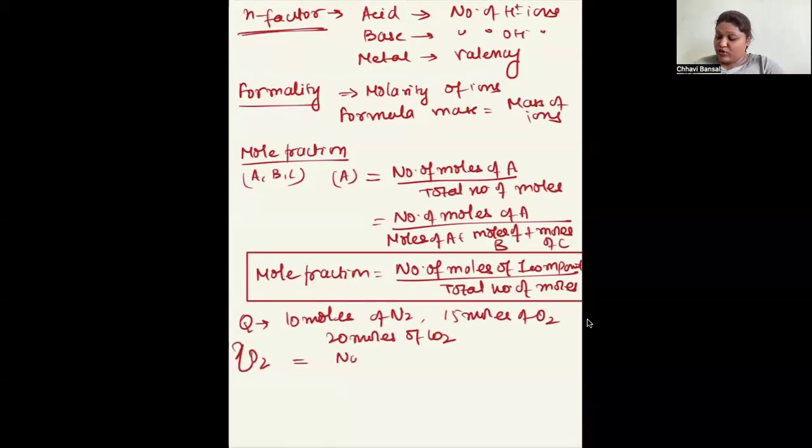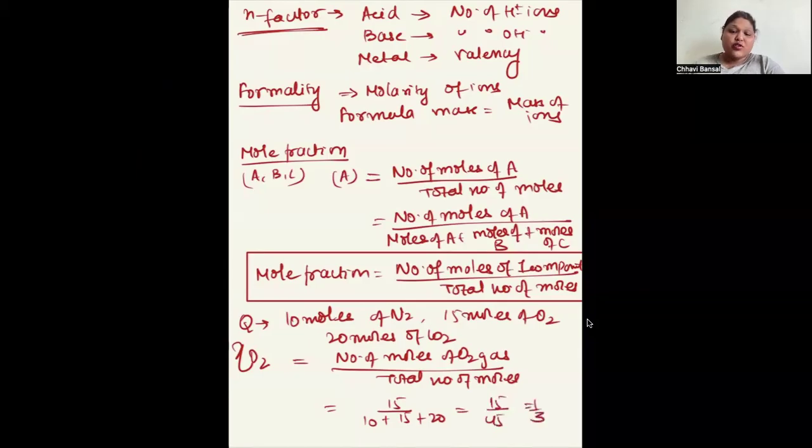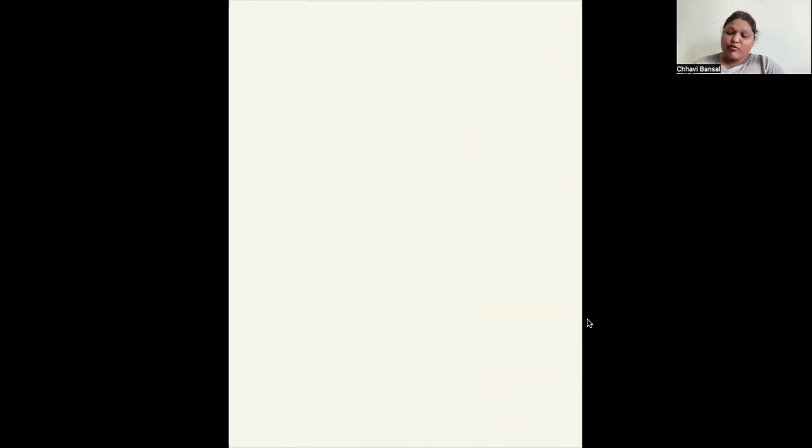Number of moles of O2 gas divided by total number of moles, which is equal to 15 divided by 10 plus 15 plus 20. 15 divided by 45, which is 1 by 3. So this is the mole fraction of O2 present in the mixture. Clear? This is how you define the mole fraction. Okay, after mole fraction, we can talk about volume strength.